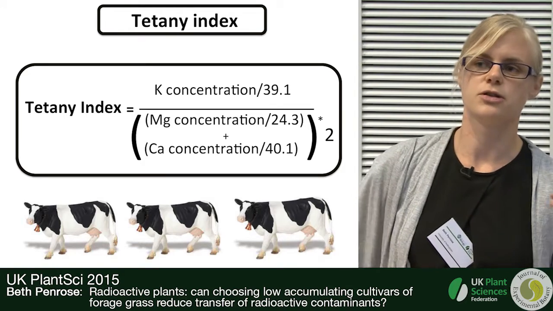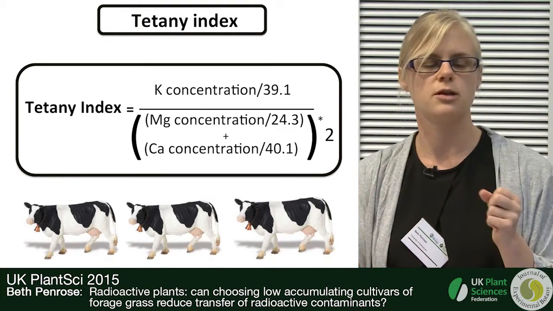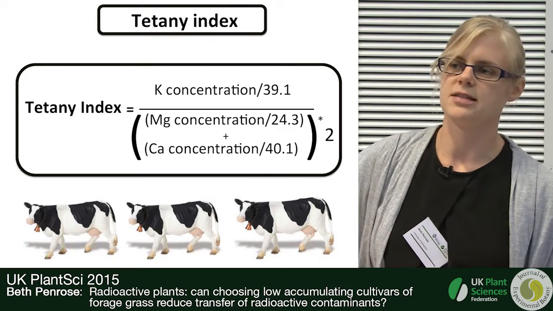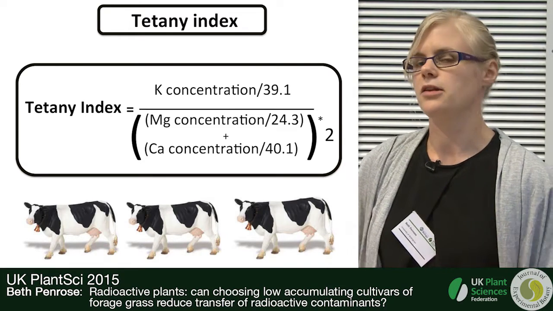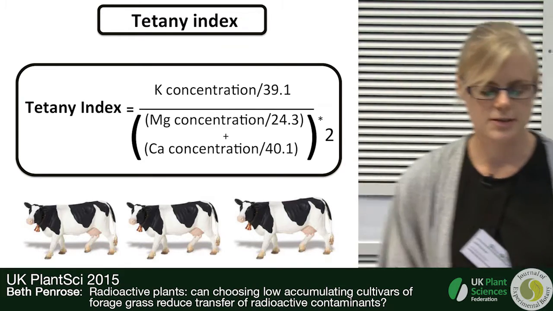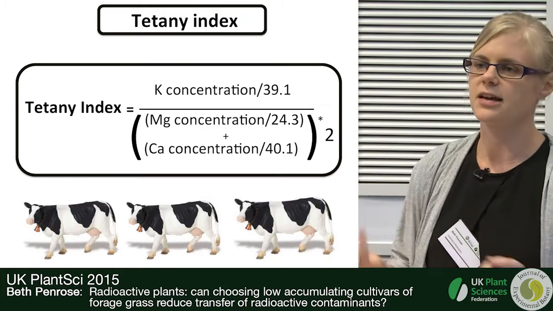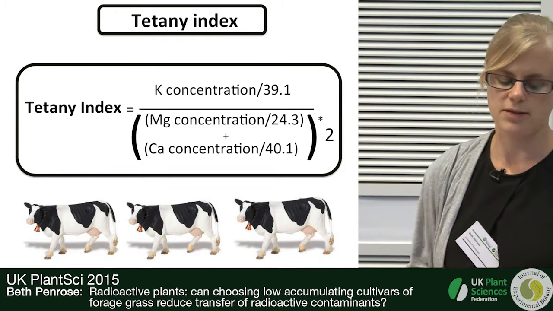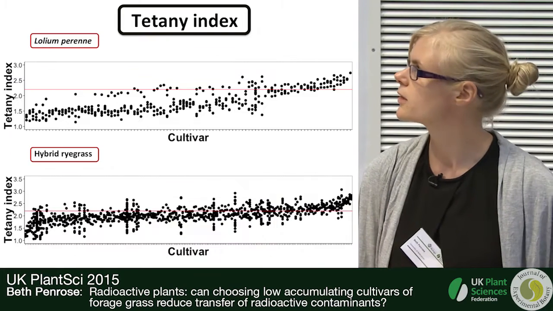This can be due to low magnesium in the soil and in plants, but it can also be because potassium can inhibit magnesium in the rumen of the ruminants. You get this tetany index for forage, and you want to keep the tetany index under about 2.2.